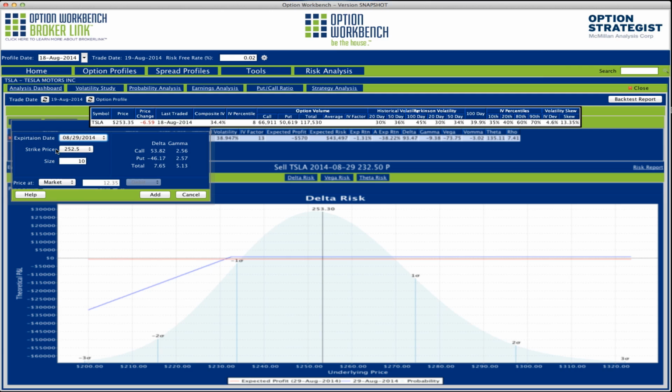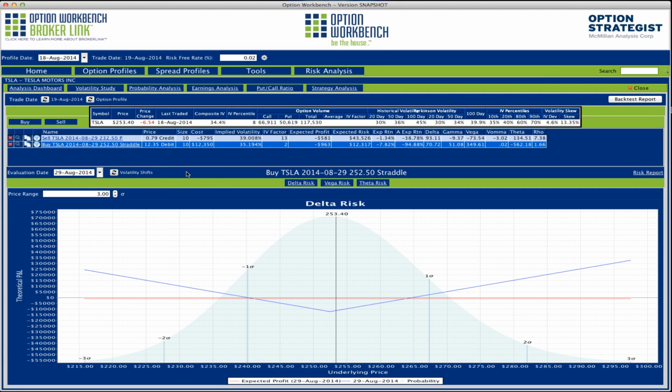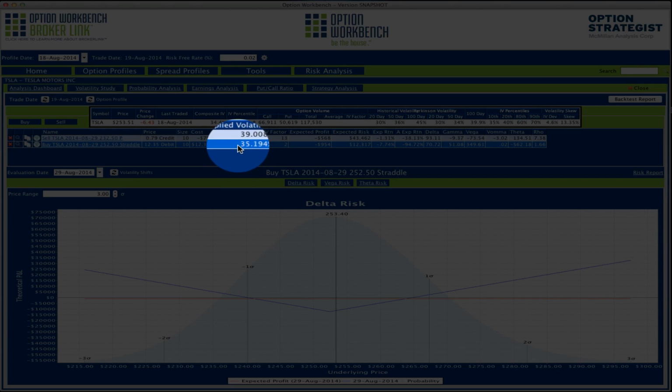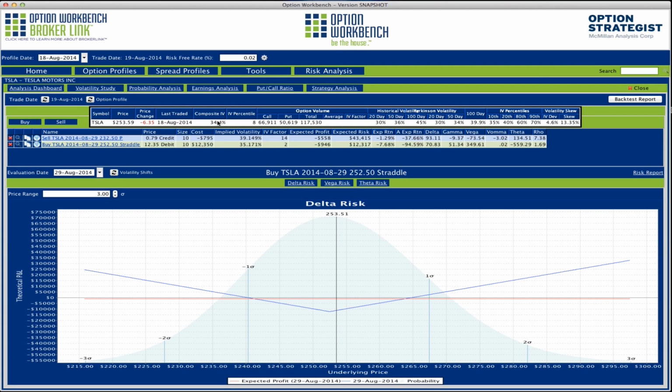That's the one we're interested in, 252.5, the closest to the money right now. I'll click add there, and we can see that straddle IV is about 35%, which is pretty close to the composite IV and the 50-day historical volatility. So we'll keep that one in mind, and let's close that.